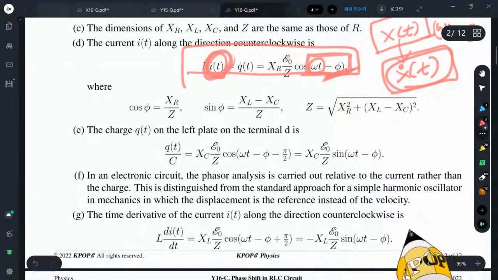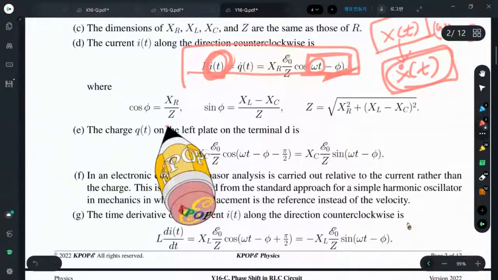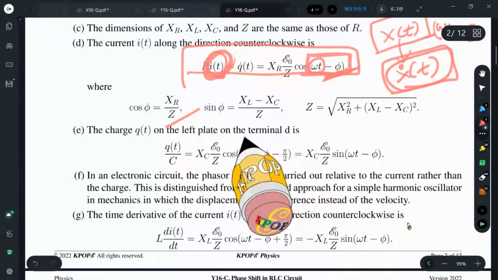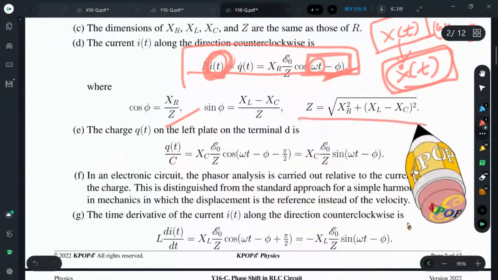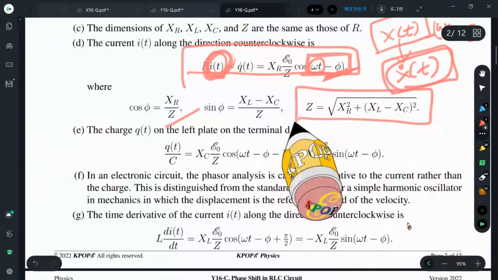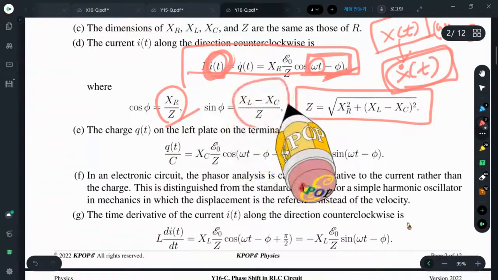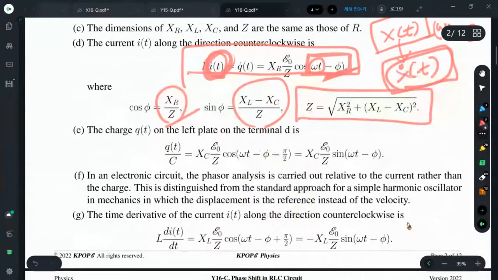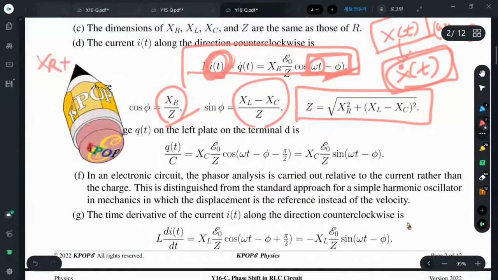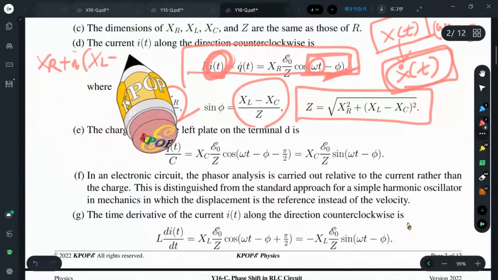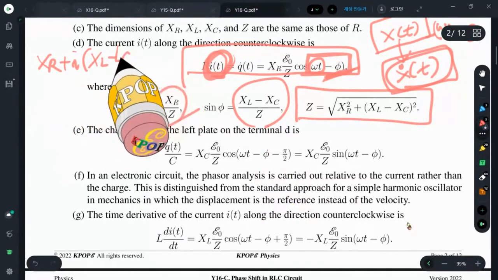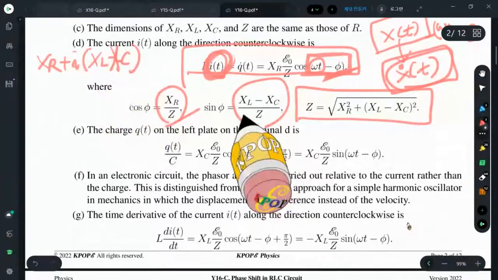Okay, the detailed calculation has already been given in the main text. Let me review the final result. This Z is the absolute value of the complex impedance, and this is the real part, and this is the imaginary part. So we remember XR plus i times XL minus XC, that is this.